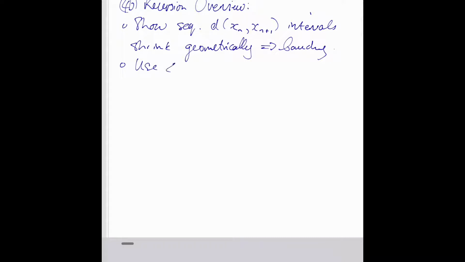To prove that the sequence is Cauchy, we'll use a triangle inequality, which is that the distance between any points x and y is less than or equal to the distance between x and an intermediary point z plus the distance between that intermediary point z and y.